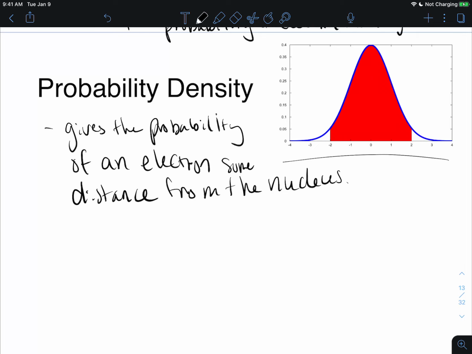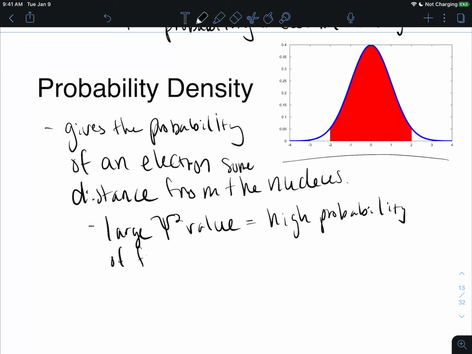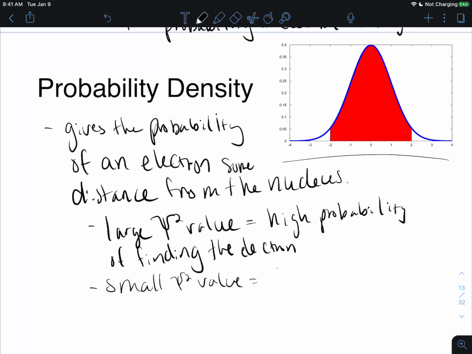If we have a large psi squared value, we have a high probability of finding an electron. And a small psi squared value has a low probability of finding the electron in a specific region.